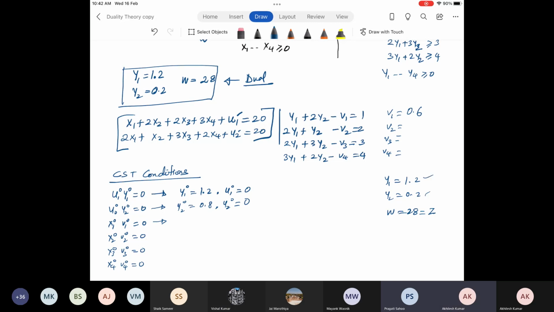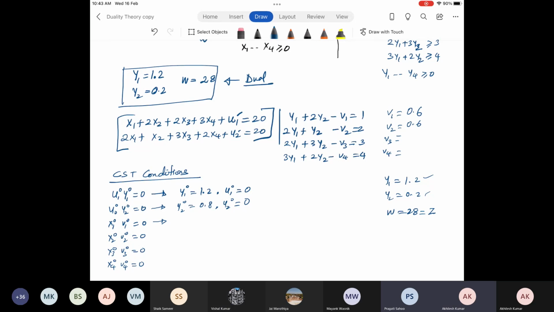You need to just plug in these values. v1 is 0.6, v2 is 0.6 again.